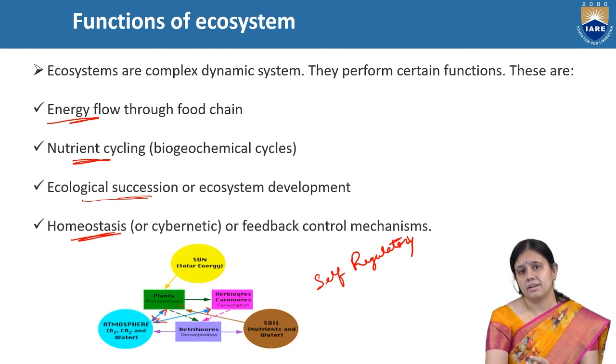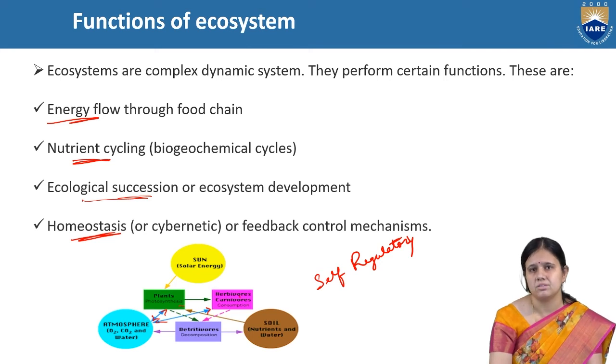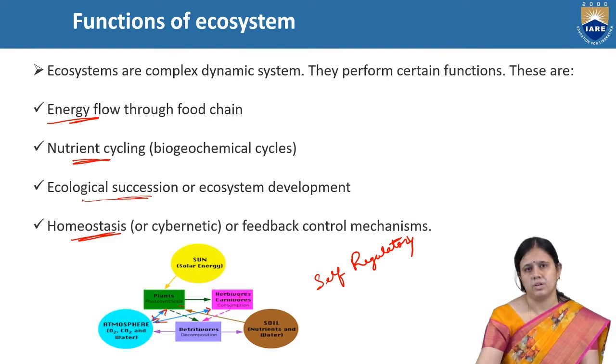So this picture will clarify all the processes of the ecosystem, what the function of the ecosystem is. Nutrient recycling is there. We will discuss nutrient cycling in the coming lectures also. And energy flow. In the next lecture I will teach you about the functions of the ecosystem in detail, and all these functions like energy flow and nutrient cycle, pyramid of energy, ecological succession, homeostasis, and feedback control mechanism of an ecosystem.